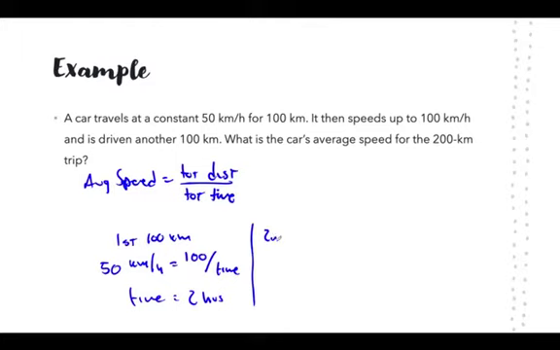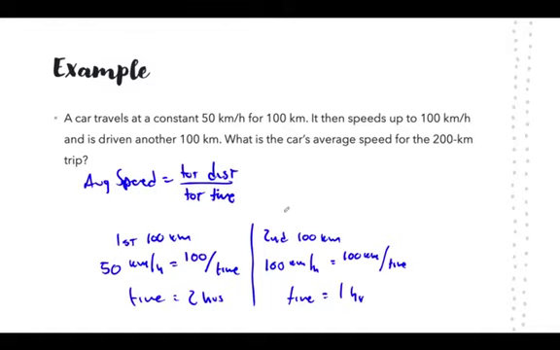Now let's look at the second 100 kilometers. In this second part, the car was going at 100 kilometers per hour for 100 kilometers divided by time. So the time it took to drive the second 100 kilometers would be 1 hour.